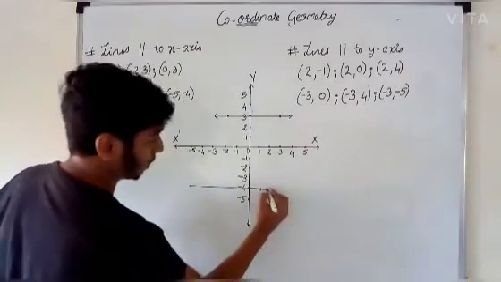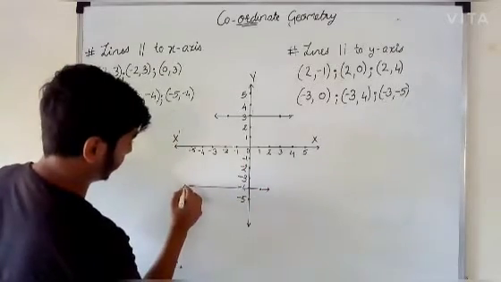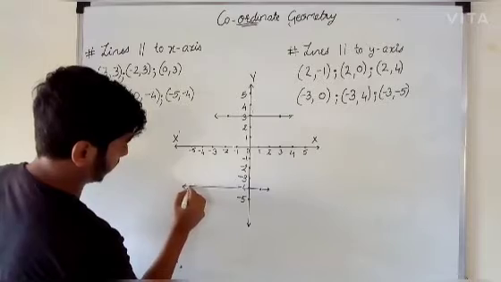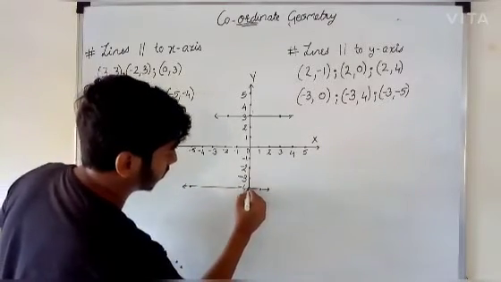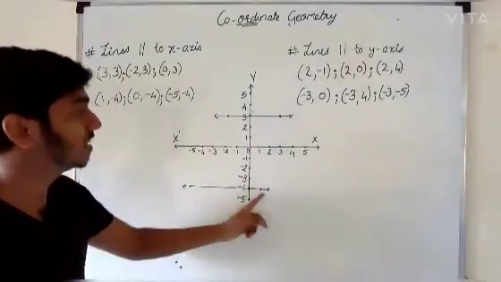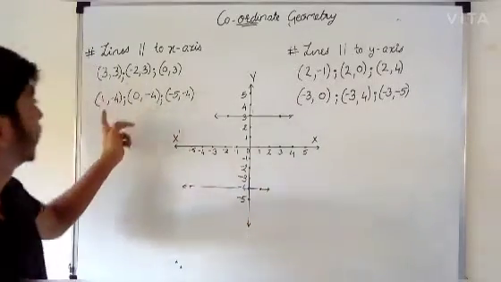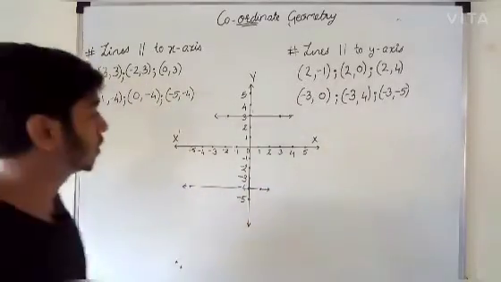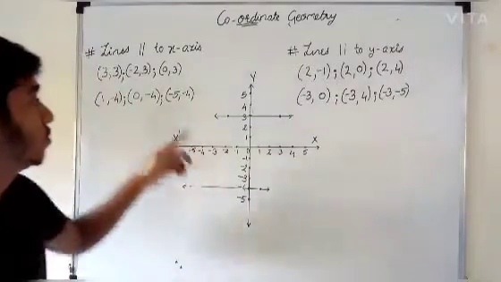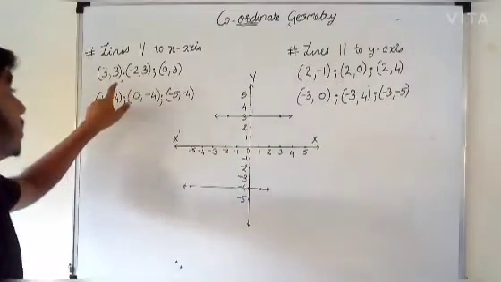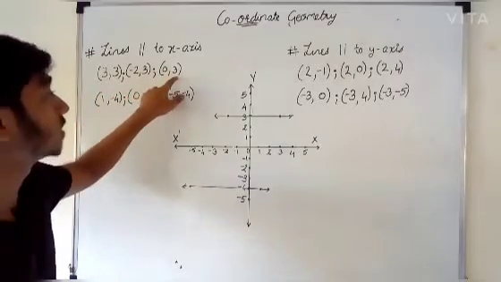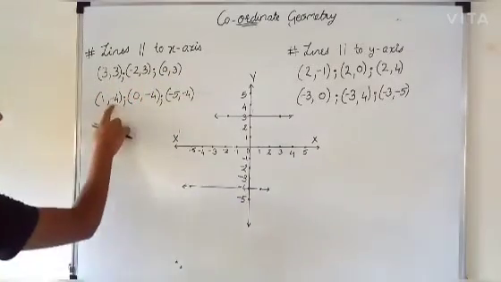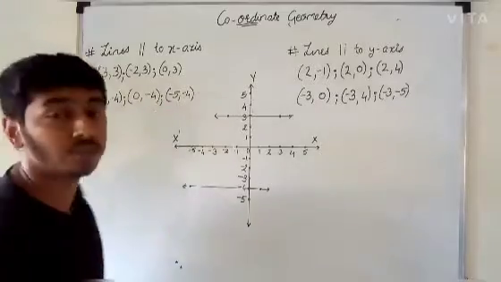If you see, these 3 are the points. Now if you notice the sequence, for the first points it's 3, 3 and 3, and here it's minus 4, minus 4, minus 4.